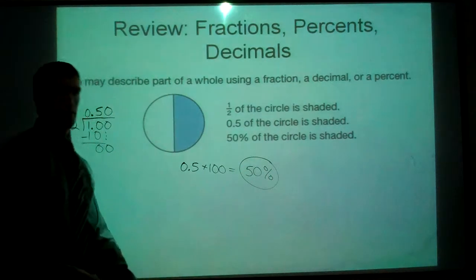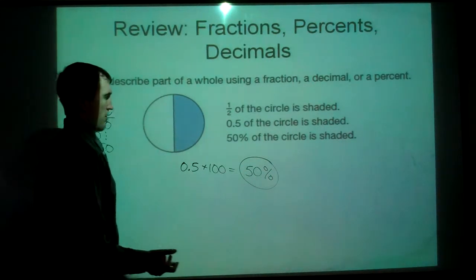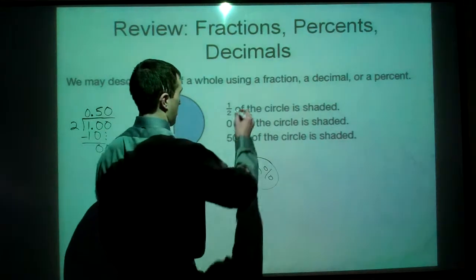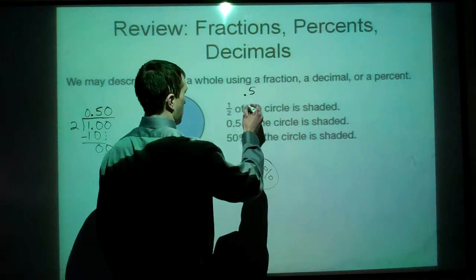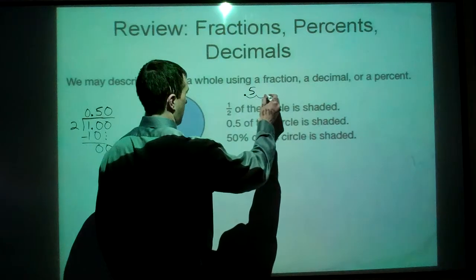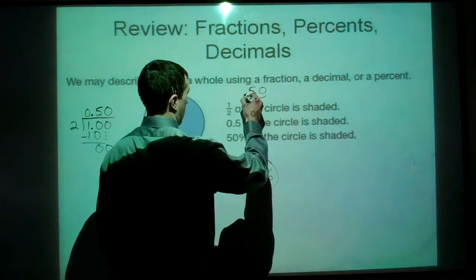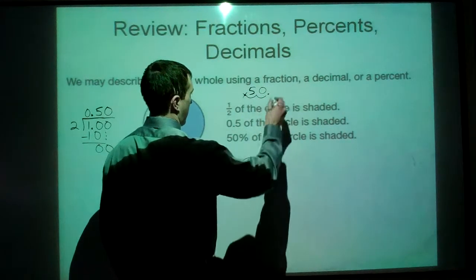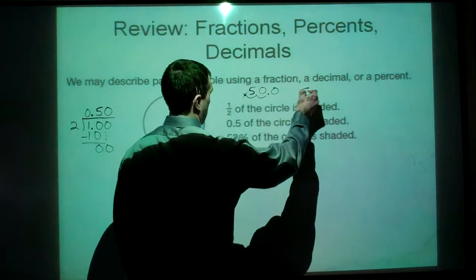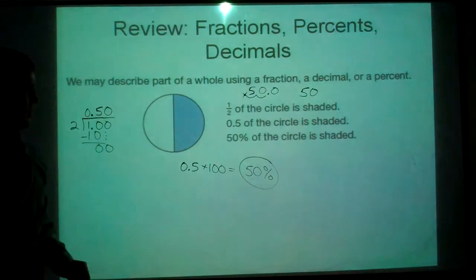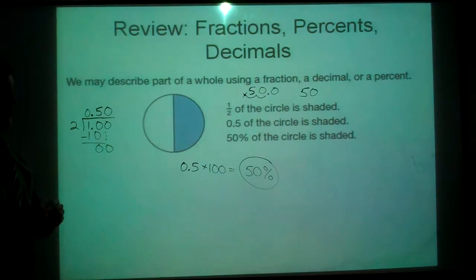So that's our percent. Basically what you do to turn a decimal into a percent is you just move your decimal over 2 spots to the right. 1, 2, add a 0 there. Well, that's 50. Okay? So moving your decimal 2 spots to the right can turn it into a percent.